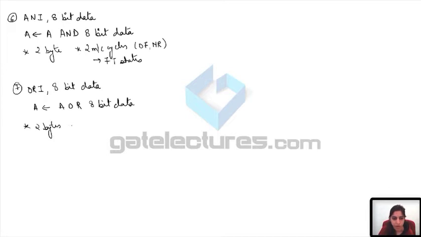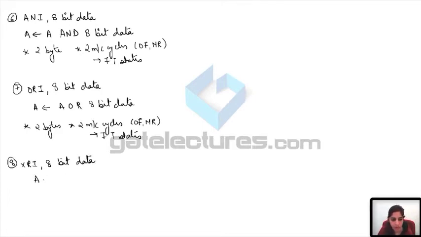Size is 2 bytes. Right. So this is going to be AND operation, this is going to be OR operation. Next we have XOR operation, XRI. So you already know all these are going to be bitwise operations.